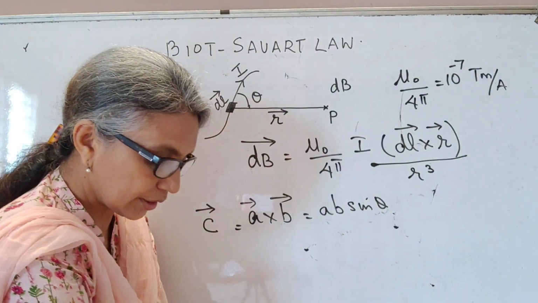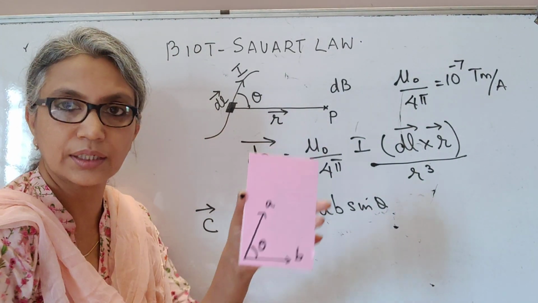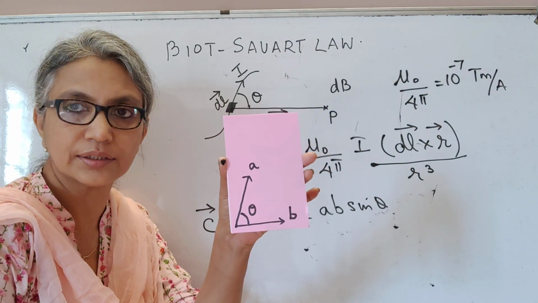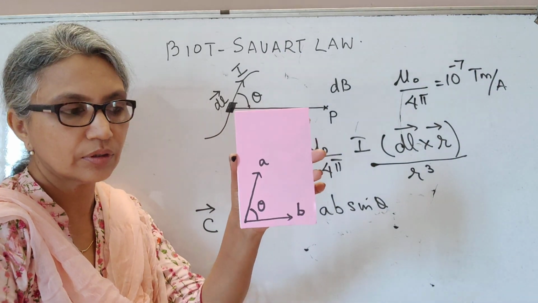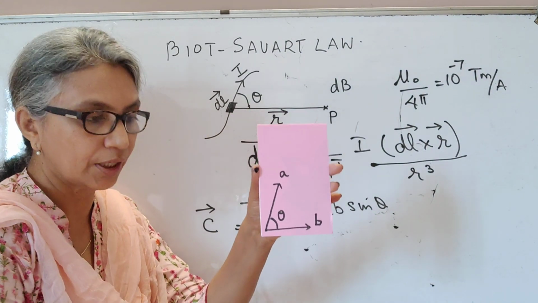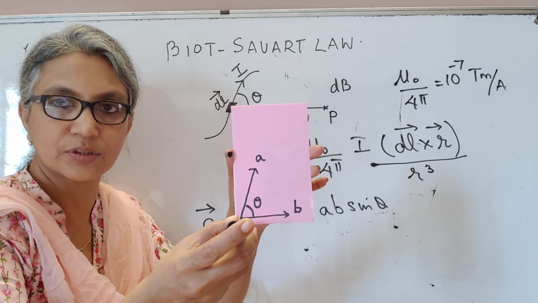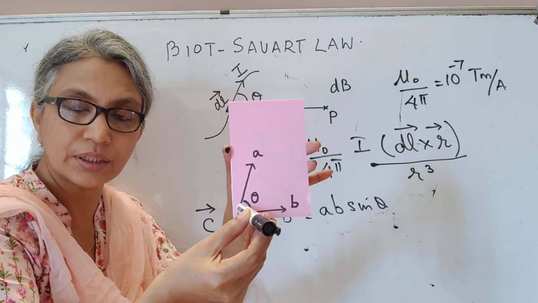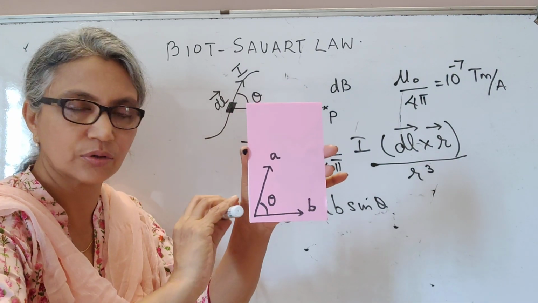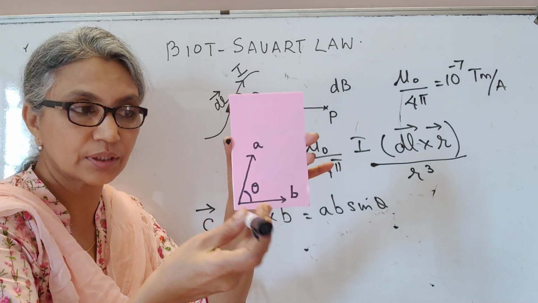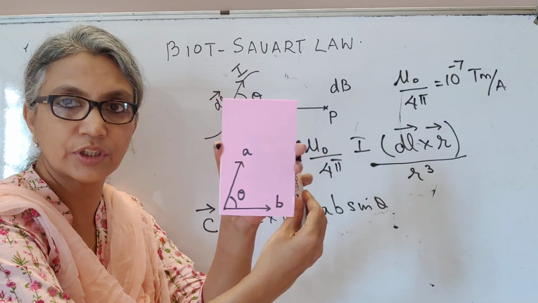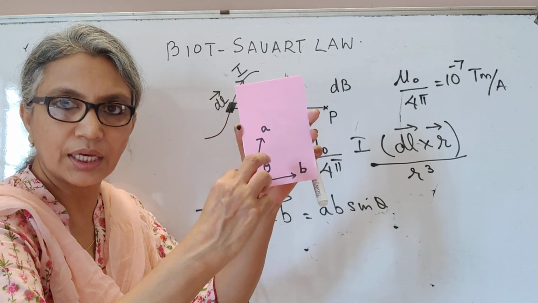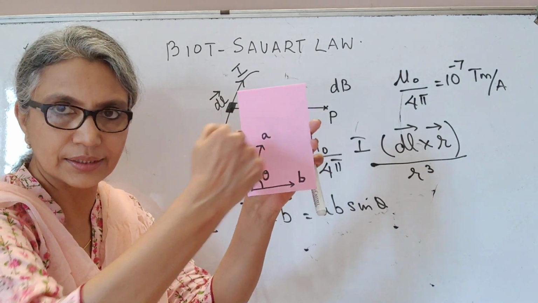So let's look at this. Suppose this is your plane containing vectors A and B, and vector A and B maintain an angle theta. Now, A cross B, vector C will always be perpendicular to this plane. Perpendicular would mean you could have it outwards or you could have it inwards. So to decide whether it is going to be outwards or inwards is when we use the right hand screw rule. If you're moving from A to B, A cross B, you will see it is a clockwise turn.